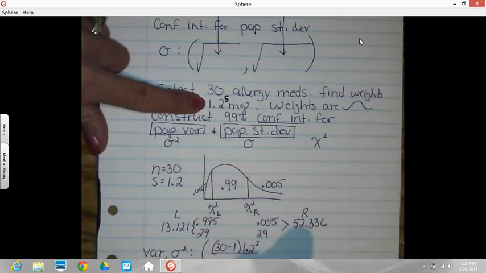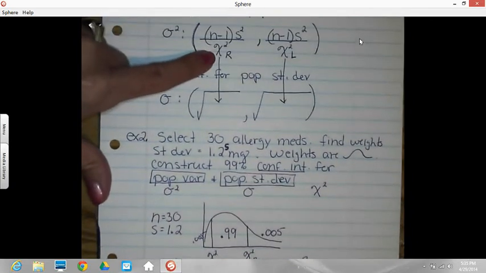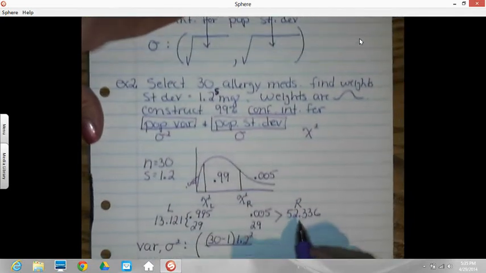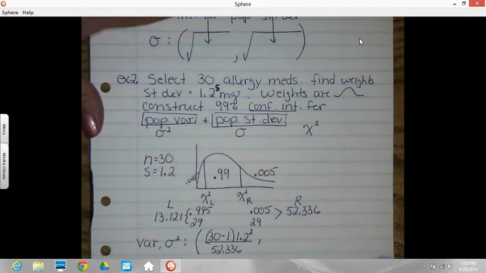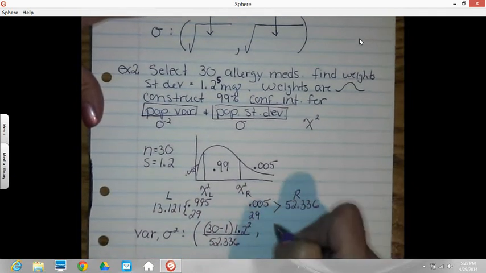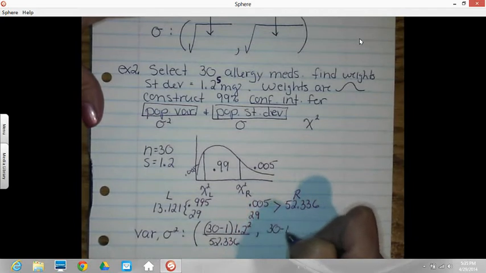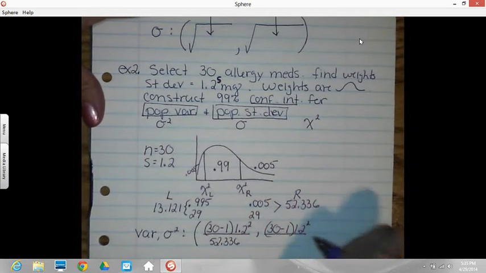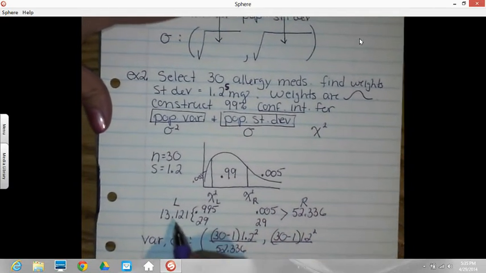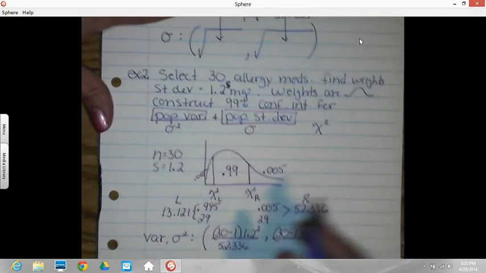divide by, I need the chi-squared right. That's the bigger number. So that's the 52.336. Crank that out in a minute. And on the other side, the numerator stays exactly the same. And underneath, we're going with the 13.121, the left value.